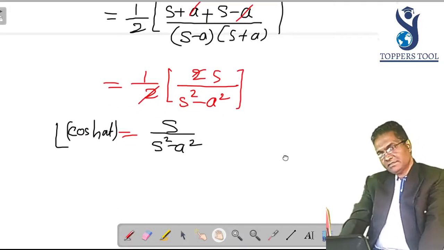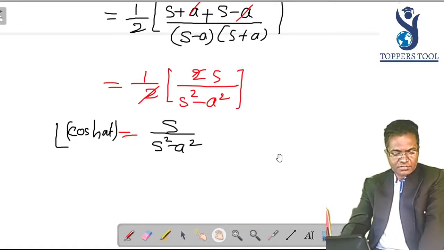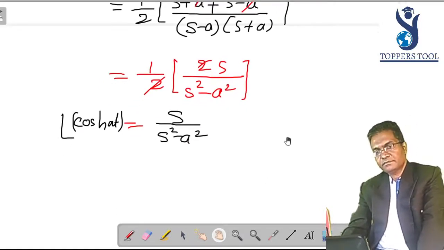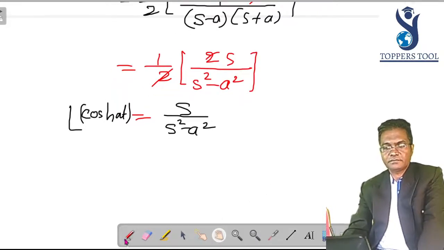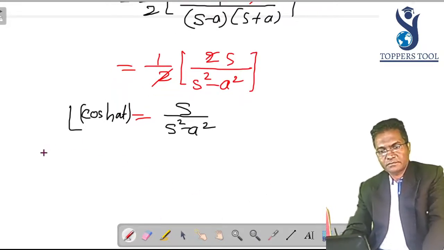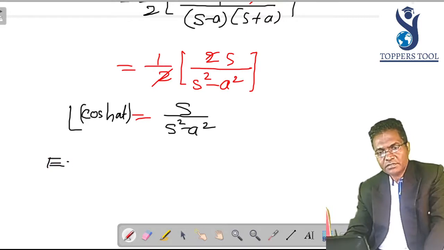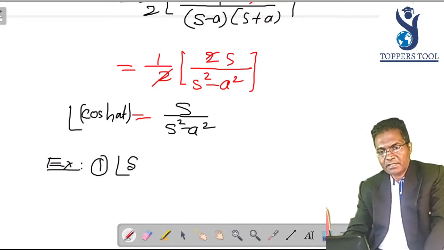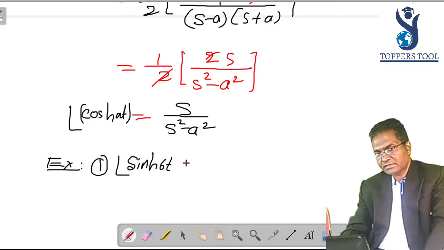Okay, so two more examples. Laplace transform of sine hyperbolic 6t can be written as 6 by s square minus 6 square.